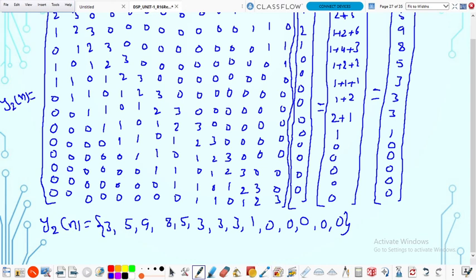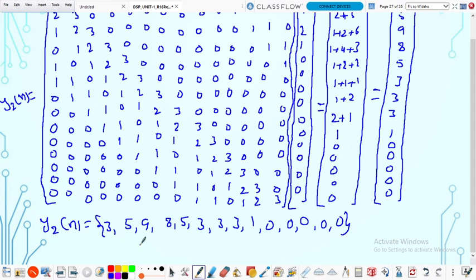So according to the concept of the overlap save method, discard the first M minus 1 data points. Otherwise the result will not agree with the linear convolution of x1 of n with h of n and x2 of n with h of n, because of the aliasing effect. So removing the first M minus 1 data points from the y1 of n sequence and the second output sequence y2 of n. How many data points will be neglected here?